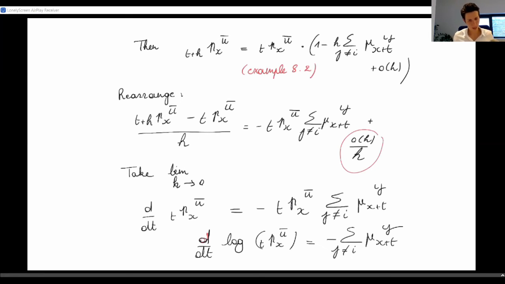Putting it all together, if I take the integral from 0 to t, I'm finally left with the expression as I want to have it: the logarithm of tpx I bar is equal to minus the integral from 0 to t of the sum over j of mu x plus r ij, where j should be different from I.